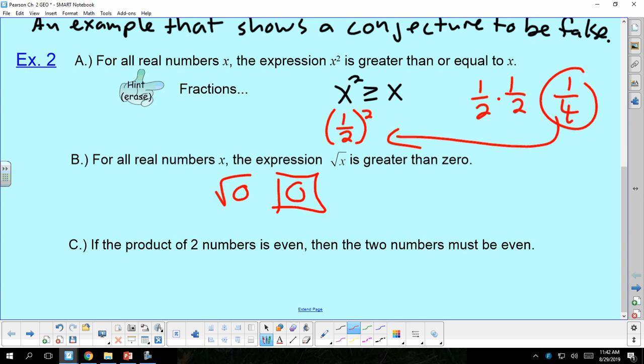Can anyone come up with two numbers that, when multiplied together, make an even number, and yet they're not both even numbers?